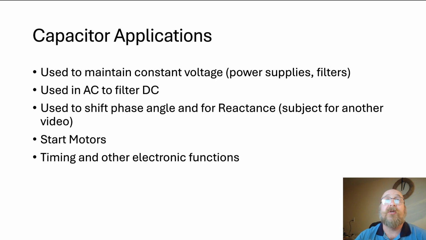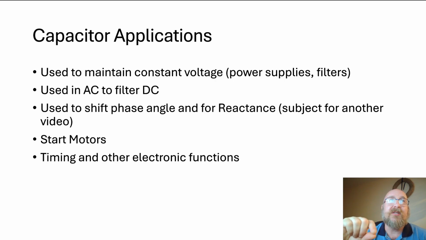It will filter out any fluctuations, because it will charge when the voltage goes high, and it will discharge when the voltage goes low. And so for that reason, when we place these in parallel in DC circuits, we're really just trying to maintain a more constant voltage.